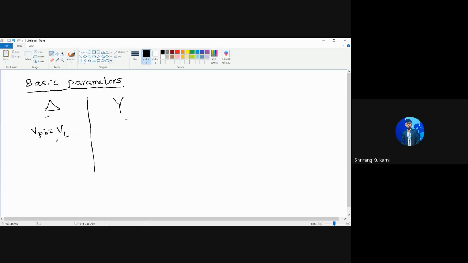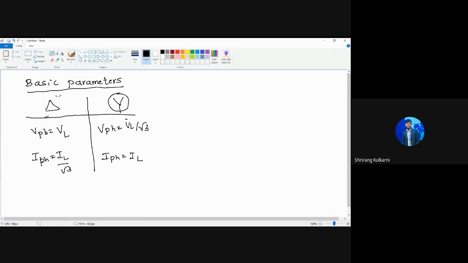In case of delta connection, phase voltage is equal to line voltage. What about current? It is IL by root 3. In case of star connection, V phase is equal to VL by root 3 and currents are equal. Phase current is equal to line current in star connection.